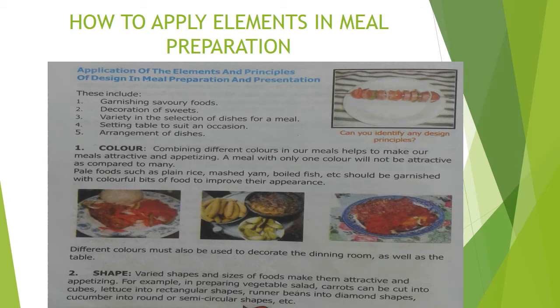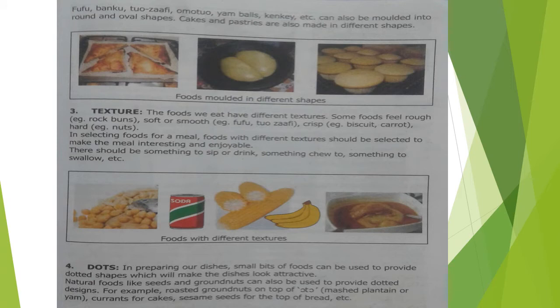So that is how shape is applied in meal preparation. Fufu, banku, tuwo zafi, omotuo, yam balls, kenkey can also be molded into round and oval shapes. Cakes and pastries are also made in different shapes. So just look at the food molded in different shapes.